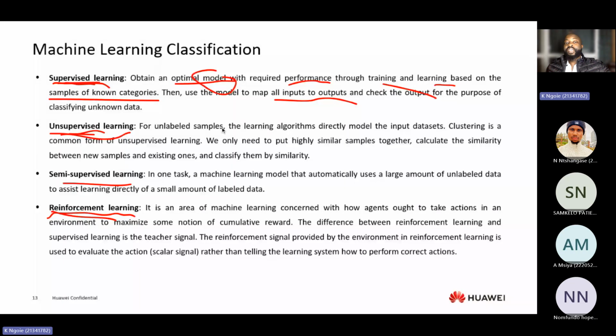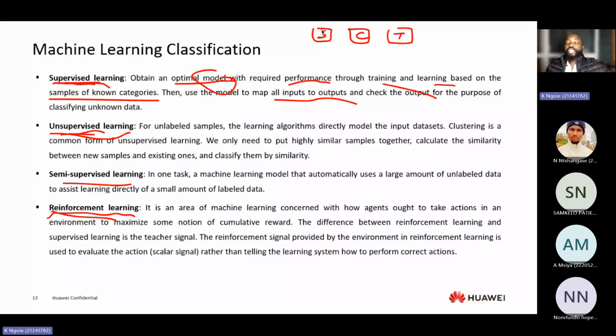So that is supervised learning. We're going to provide data that are labeled, data where we've told the machine the meaning. If you provide pictures and you want your AI to identify between dogs, cats, and tigers, then when you provide pictures of dogs, you let your AI know that these are pictures of dogs.